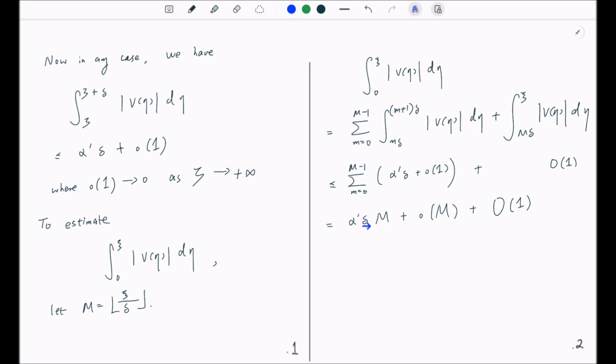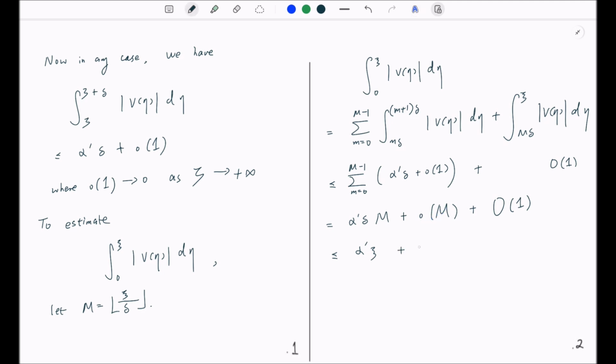This guy, because delta times M is always less than or equal to psi, the first term is bounded by alpha prime psi. What about this thing? What is little o of M? Note that this big M times delta is less than or equal to psi.